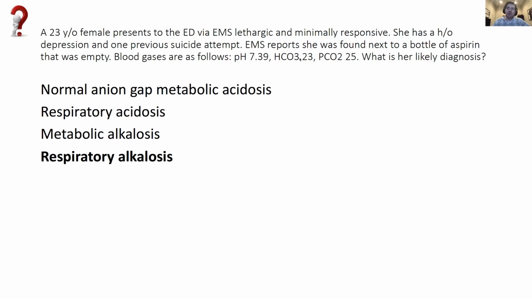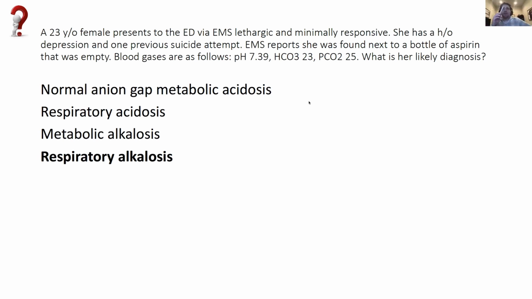So you would expect the bicarb to go up. Chronic use is more over an extended period of time, where the body starts to adjust to what you're putting into it. Exactly what Brady says, if it was 72 hours later, your body has started compensating. So it would still be a respiratory alkalosis, but it would be a compensated respiratory alkalosis.